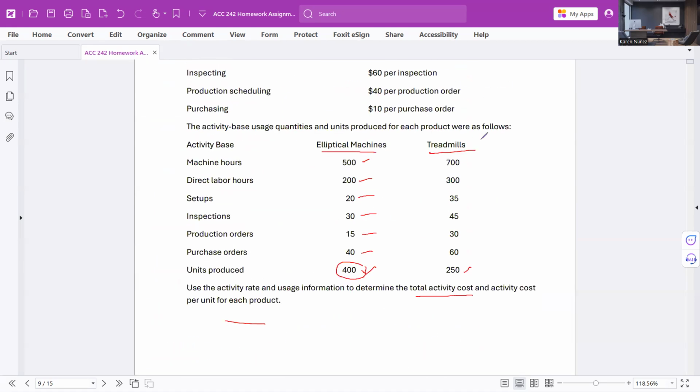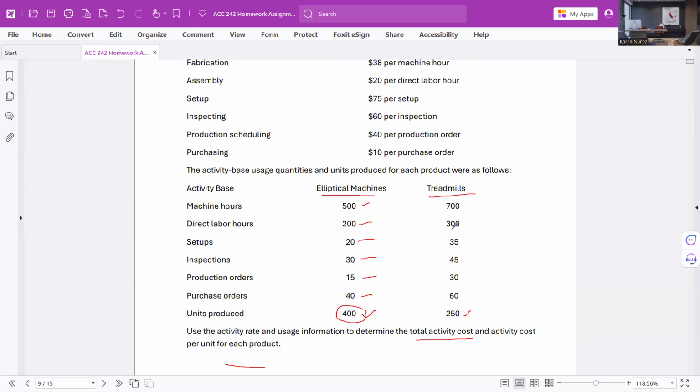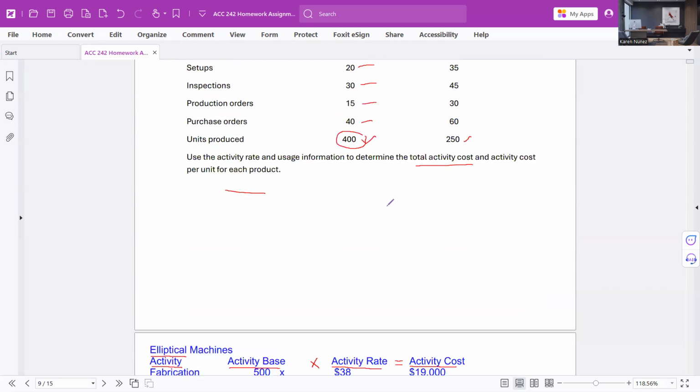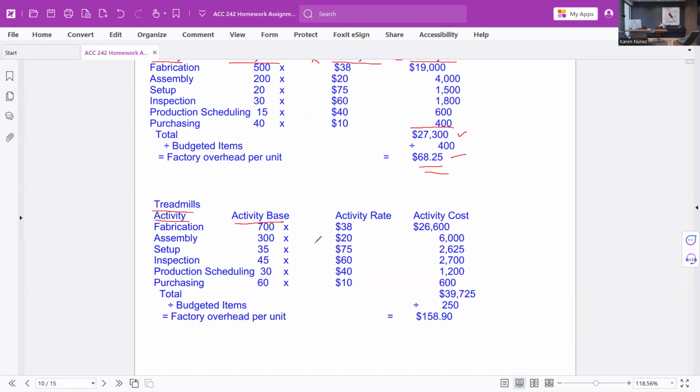We're just going to multiply times the activity rates that are given. So the base times the rate gives us the activity cost.